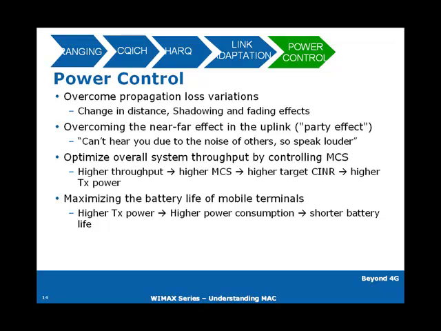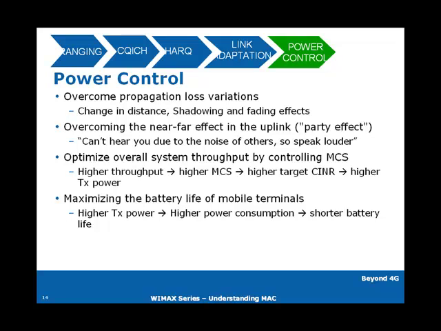Power control is a mechanism that overcomes the propagation losses variations, which arise due to change in distance, shadowing, or fading effects. Power control mechanisms also help in overcoming near far effects in uplink, especially called party effects.